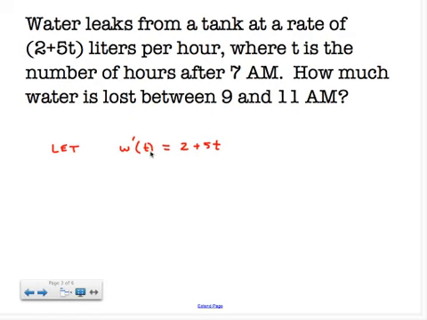So I want to go from a rate, this w prime of t is measured in liters per hour, to an amount. And the way we do that is to use the fundamental theorem, but to interpret it in a new way.